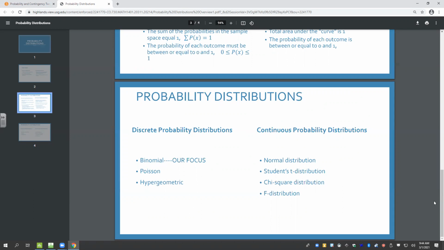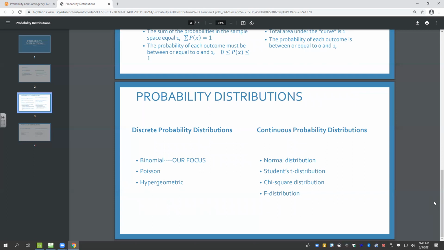So there are others, but these are the ones that are used most often. Discrete, we can talk about the binomial, the Poisson, and the hypergeometric. Our focus in this course is the binomial. Now, should you choose to take the next statistics course, which is Math 2401, you get to talk about Poisson and hypergeometric.